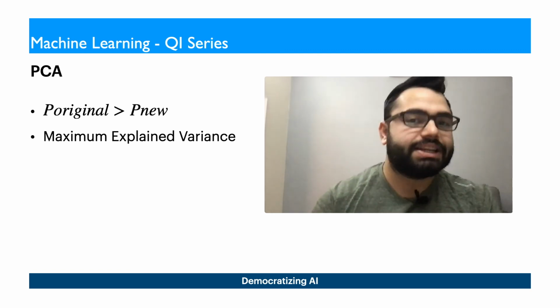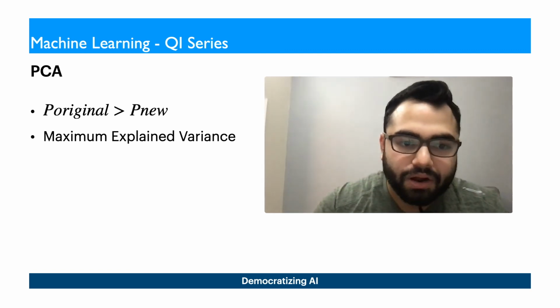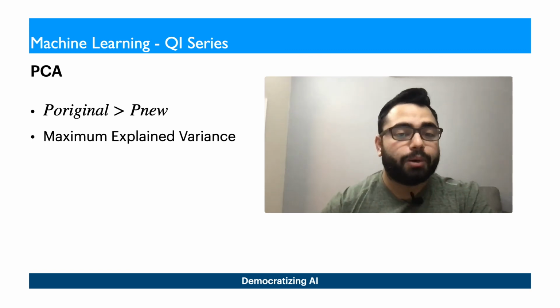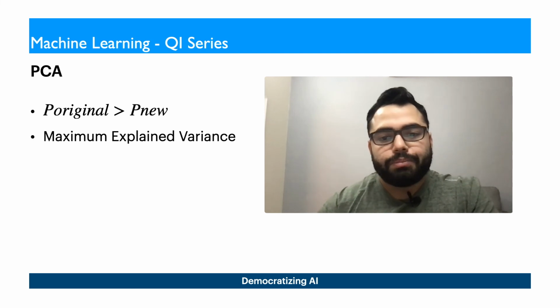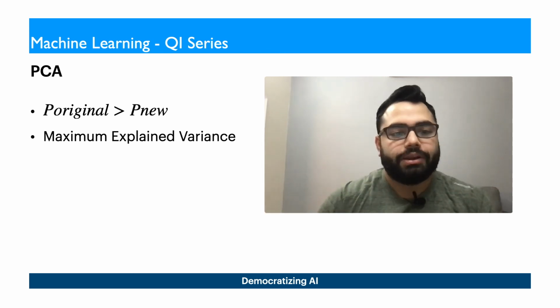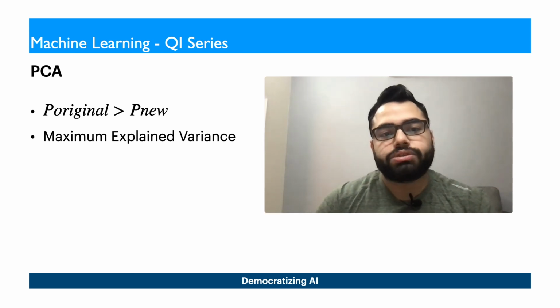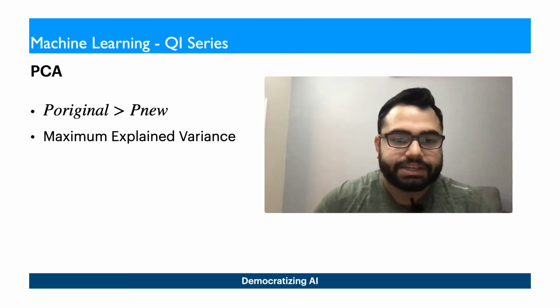So the first technique that we'll look at is PCA. PCA is principal component analysis, and it's a very popular linear dimensionality reduction technique. PCA projects observations onto the principal components of the feature matrix that retain the most variance. So what are these principal components? We'll have a look.